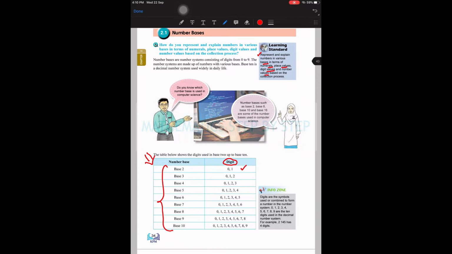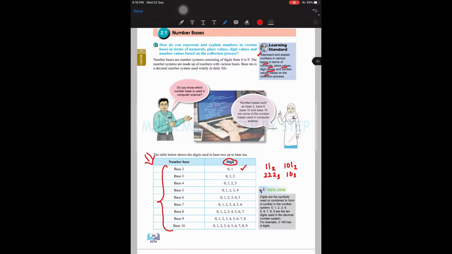For example, 1 base 2 or 101 base 2, okay? Then for base 3, maybe 2 base 3 or 10 base 3, okay? So like this, you guys should understand better.